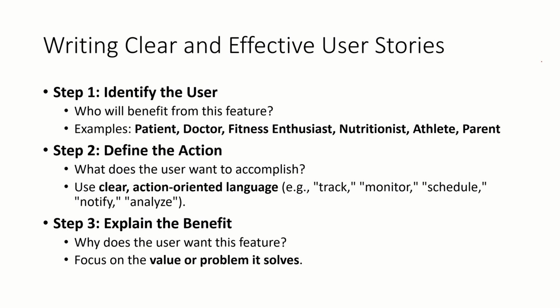Many of you are trying to do health-related projects. Health related could be patient, doctor, fitness users, nutritionist, athlete, parents. Definitely they can benefit from some of the features, because right now most of you create something that's not just for one role, it could be many different roles.